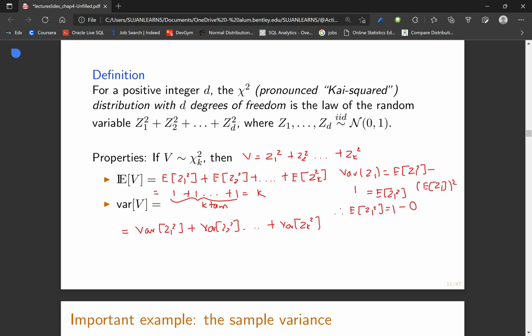That is, variance of Z1 square is equal to expectation of Z1 to the fourth, which is the fourth moment of variable Z1, minus the square of the expectation of Z1 square.